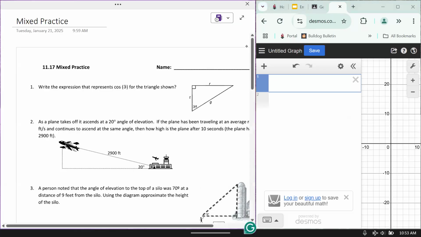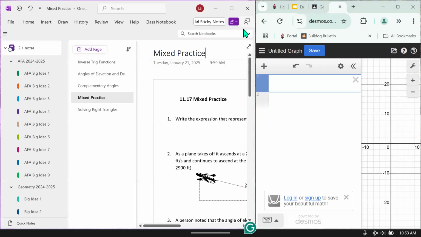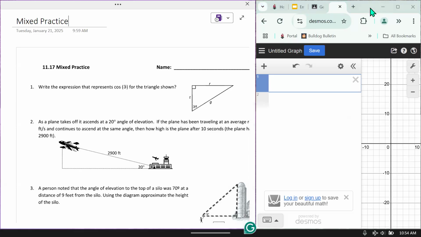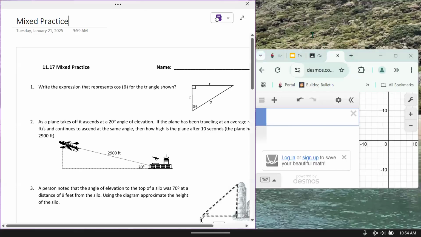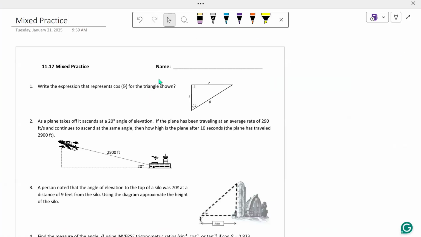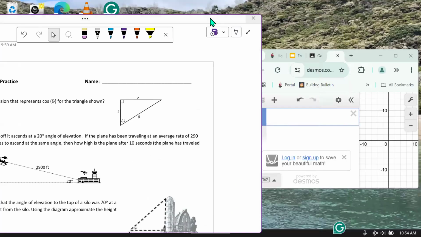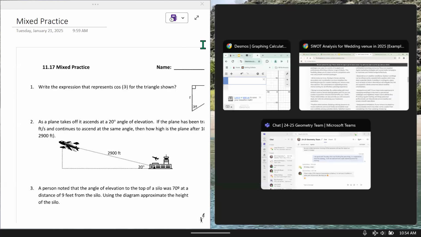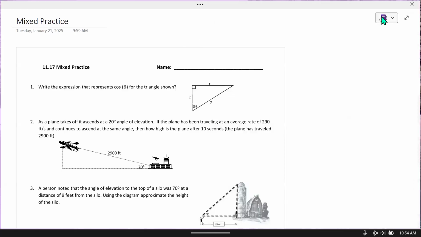I put that. Where are my pen? Does this not give me my pen options? Oh, hold on. I need my colors. How can I teach y'all if I can't color coordinate? Huh. That's interesting.